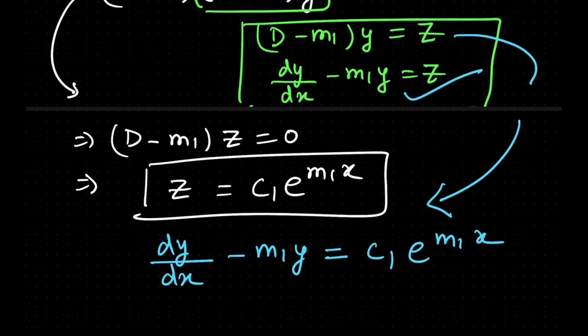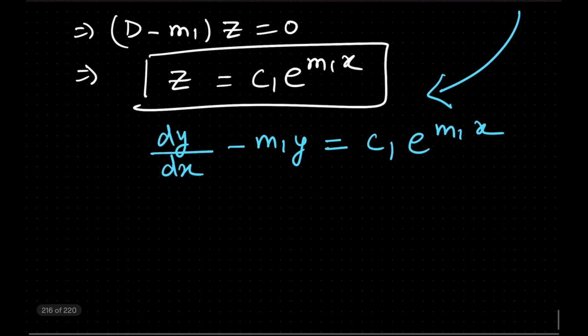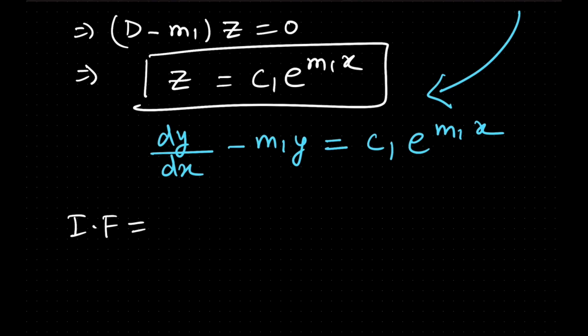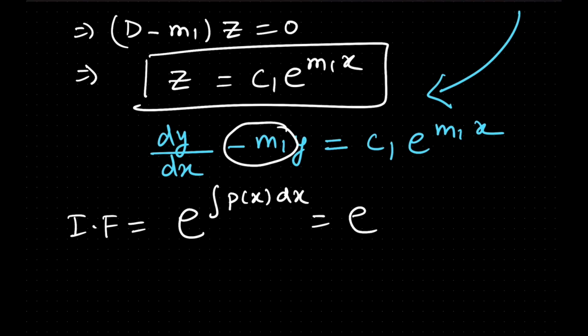So this is a linear differential equation, and it is very easy to solve, and we have learned how to solve these types of linear differential equations. First we will find the integrating factor. Integrating factor will be e to the power of integration P dx. This is our P term, e to the power of integration of minus m1 dx.